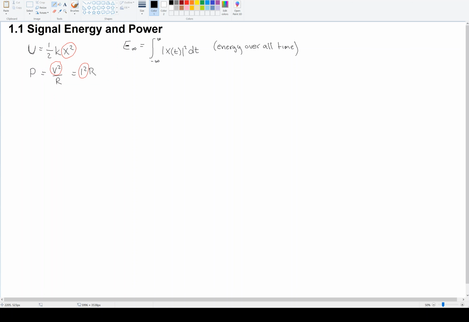What we want is the absolute value, or the magnitude of that complex number, so the magnitude of the complex number squared. So the absolute value is a kind of fail-safe for when we have a complex signal.